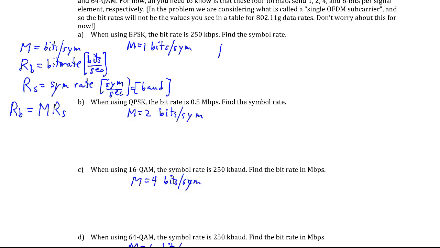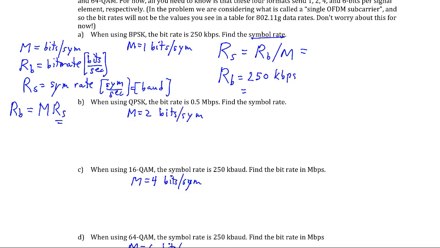Here we're after the symbol rate, so RS is equal to RB divided by M. I've solved for RS here, and this is the bit rate, and here in part A, RB is the bit rate, 250 kilobits per second, or 2.5 e to the 5 bits per second.